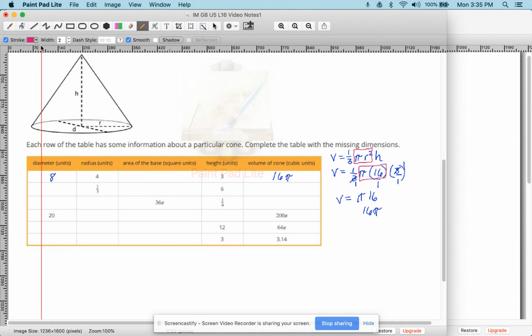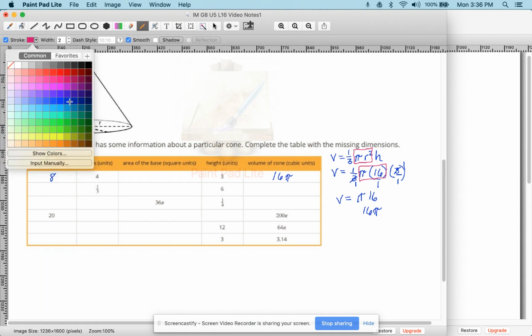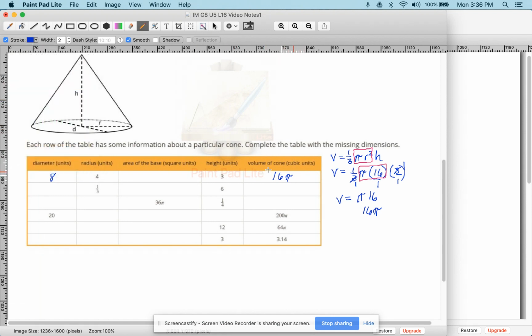So even though it is the same as the volume of a cone, the area of the base is also 16 pi. It's not always going to be the case, but in this one it is.